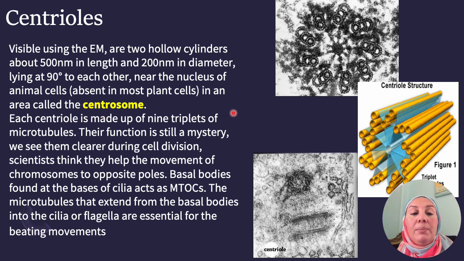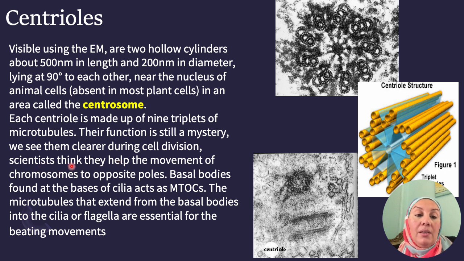The centriole is made of 9 triplets of microtubules. Each of these straw-like structures, we're going to call a microtubule, and we have 3 of those together, and we have 9 of these triplets making up that centriole. Very, very small structures and very, very brilliant.